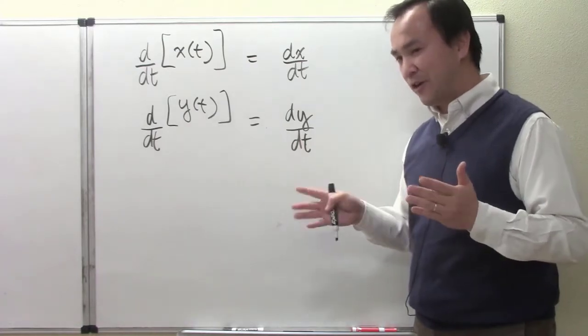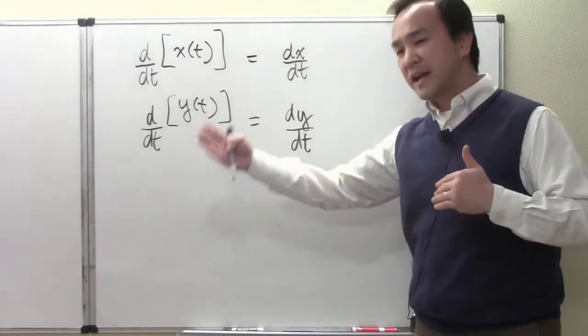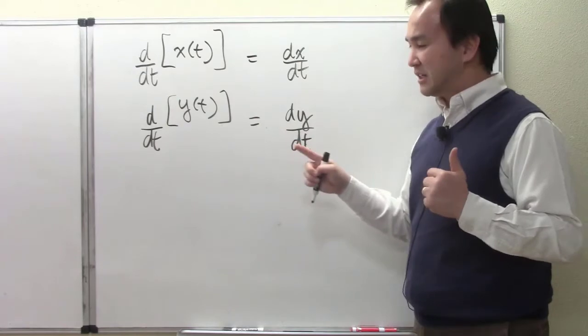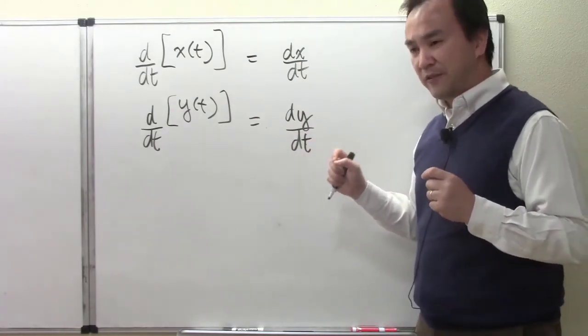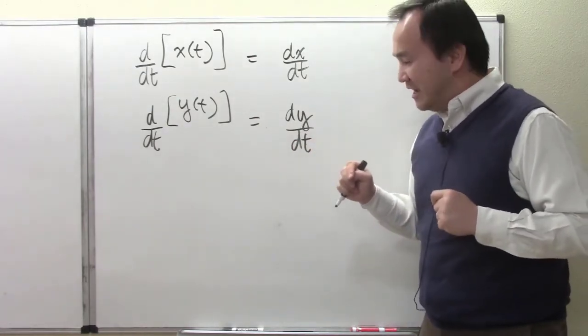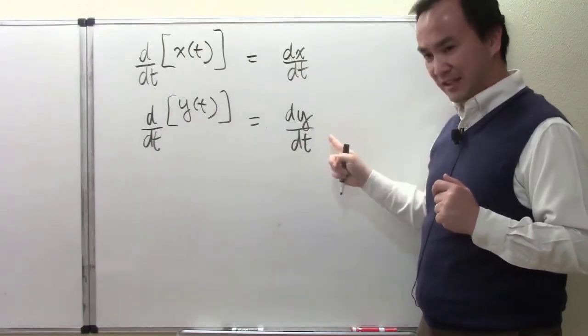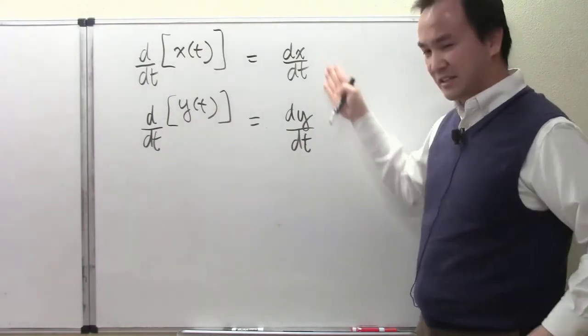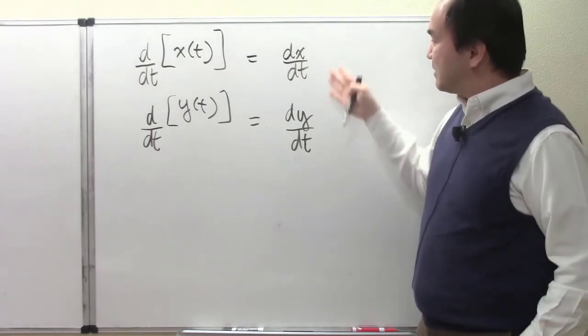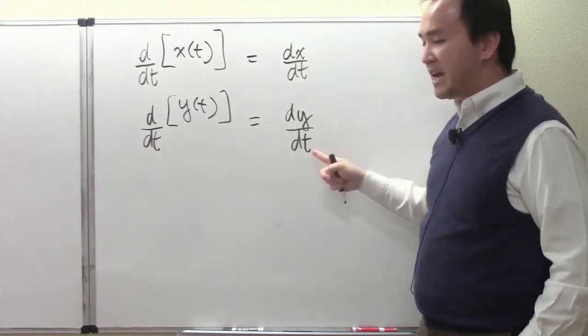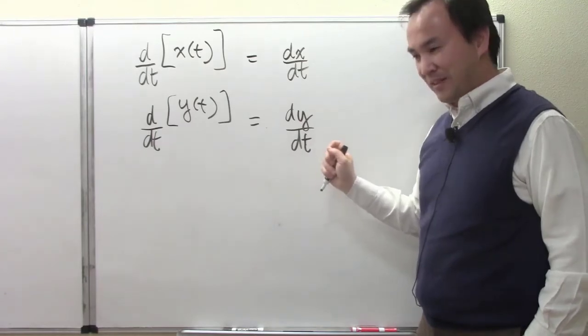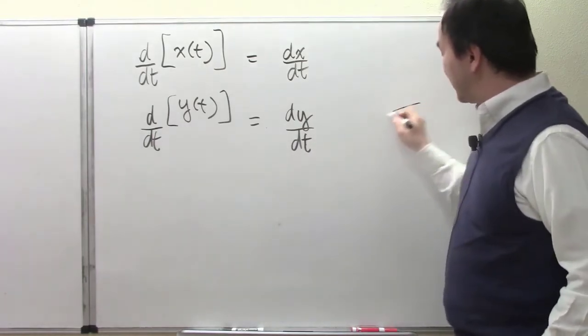Only 30 or 40%, so not too many. So a bigger majority still do not know much about physics, especially vectors. And so it's really hard for me to explain the direct meaning of dx dt and dy dt together for a particle moving on a curve.